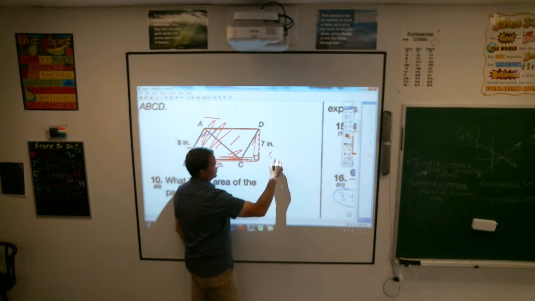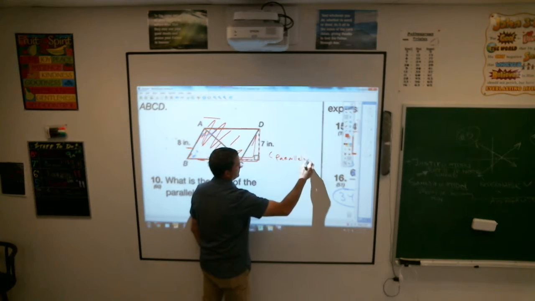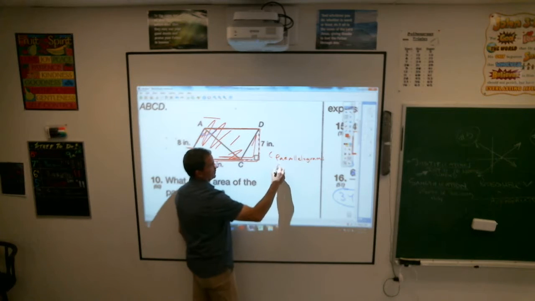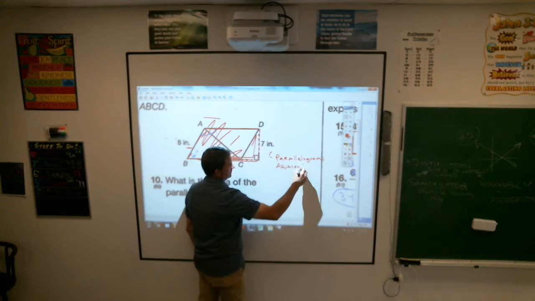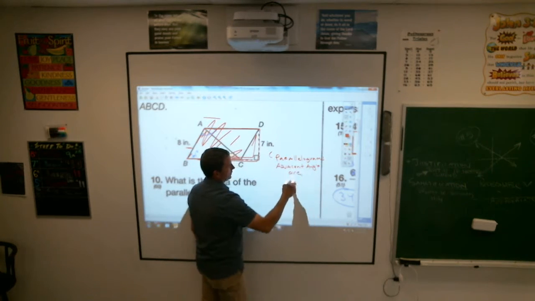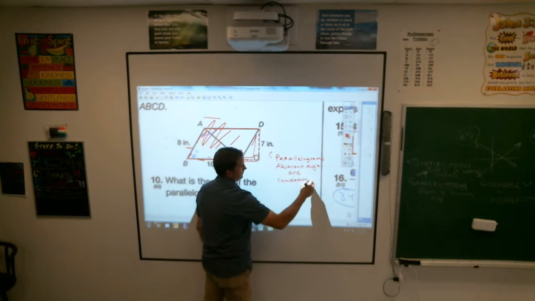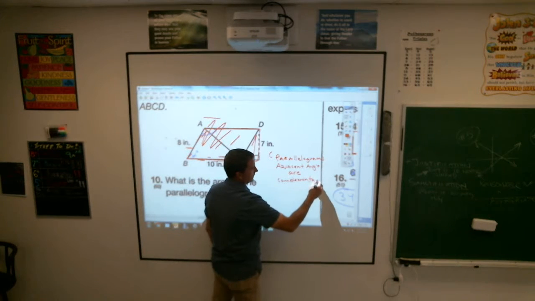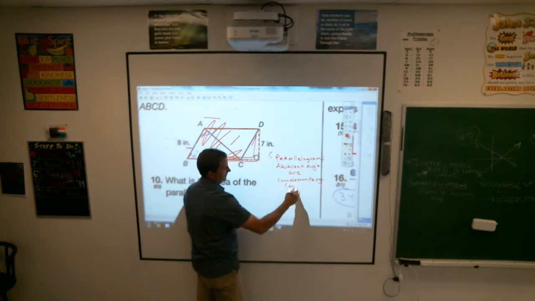When you have parallelograms, they call them adjacent angles. Are what are called complementary. Complementary, which means they have to add up to 90 degrees.